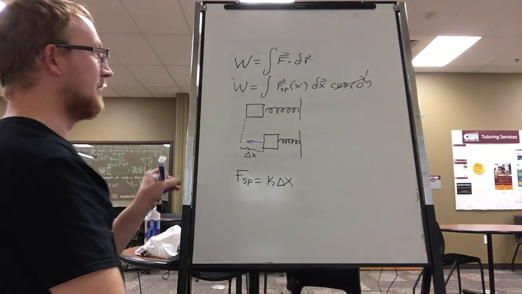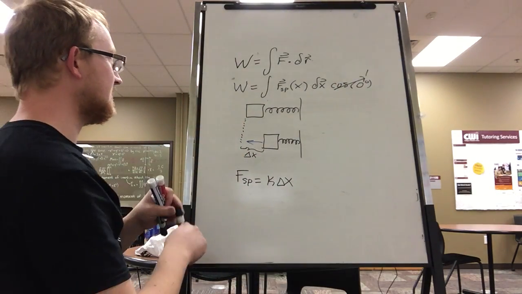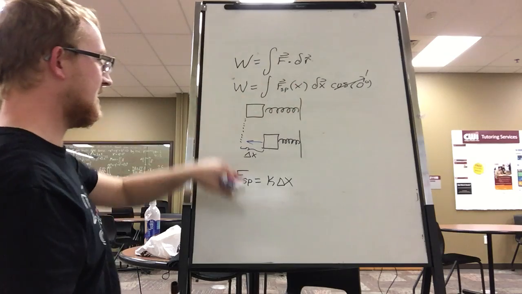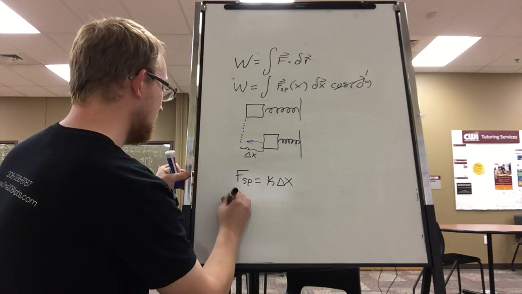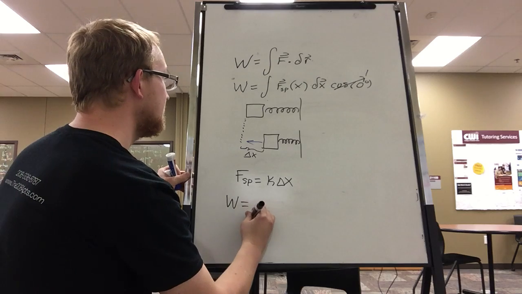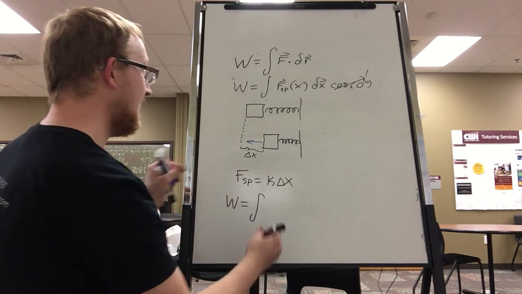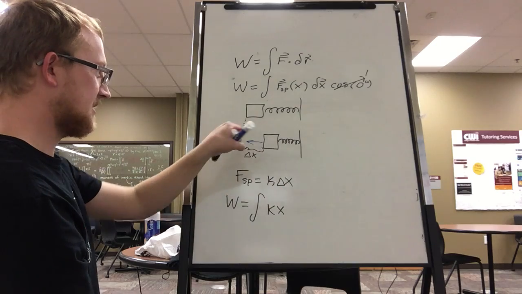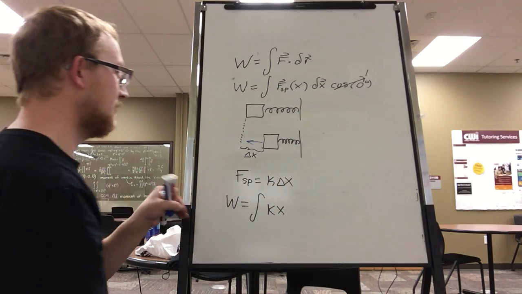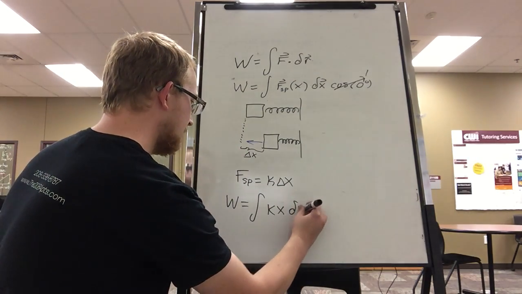Cosine of 0 is 1. And so now at this point, we can do this integral by plugging in the force as a function of x. So work equals the integral of kx, and of course x is just delta x, where you started to where you finished, dx.